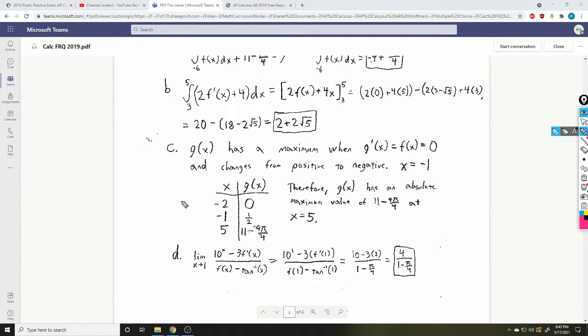And I already know the area. That's the area, that little triangle there, which was the 1/2. Then, since it was the integral from -2 to x, when I plug in -2, I get the integral from -2 to -2, which is 0. And then g of 5 I already did in part A.